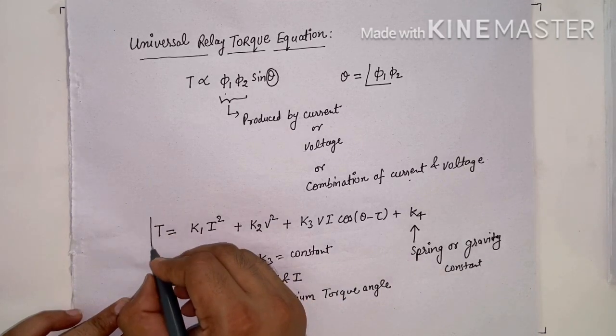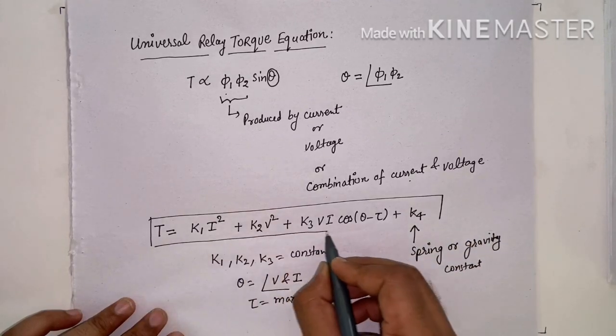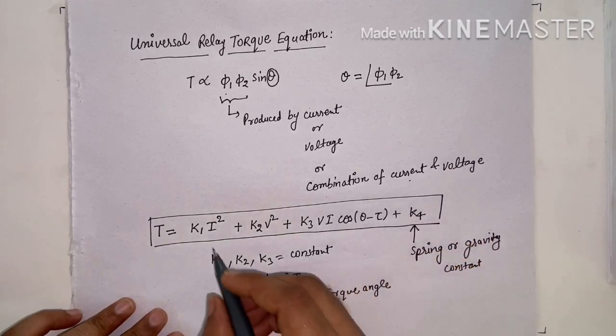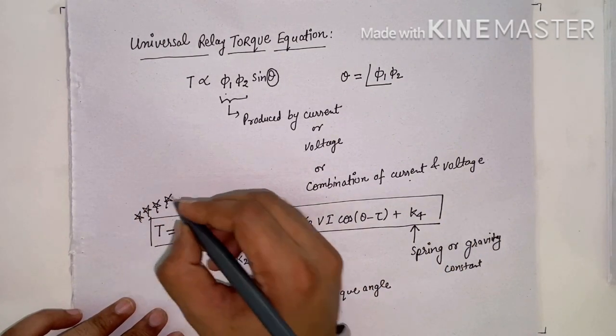So this is the universal torque equation that is in the rectangular box. You have to keep this in mind for the distance relay.